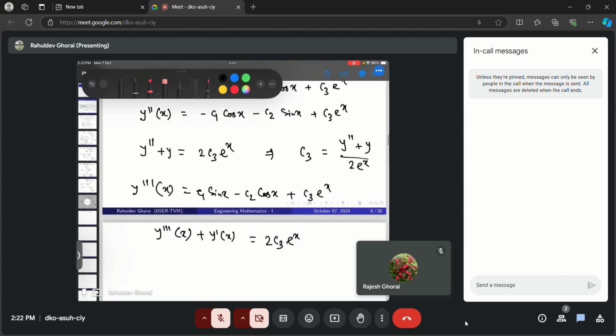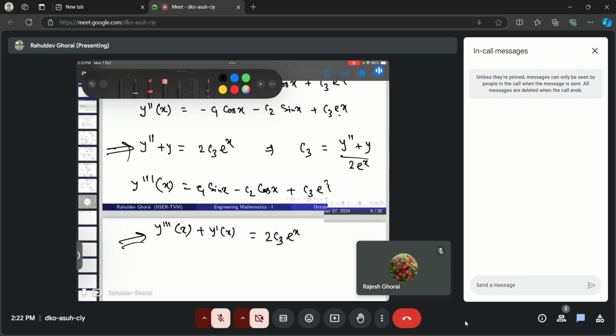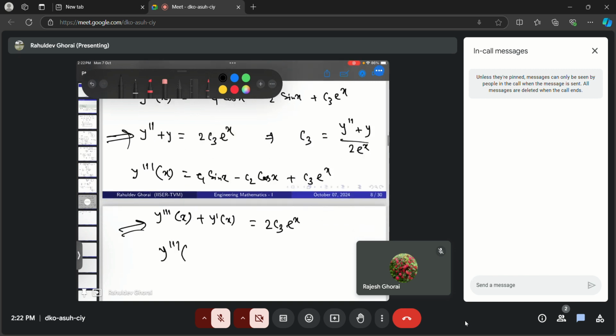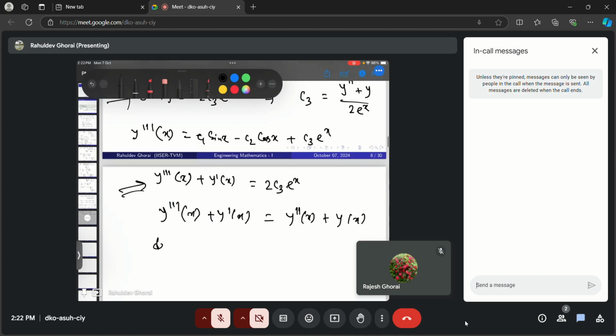So from these two, y triple prime x plus y prime x is equal to y double prime x plus y(x). What is the meaning of this? The degree will be 1, and the order will be equal to 3.